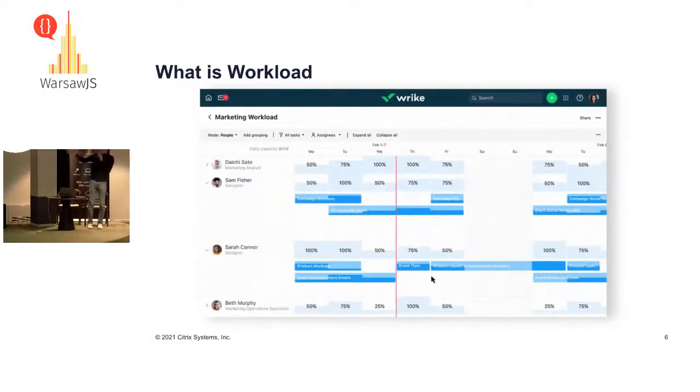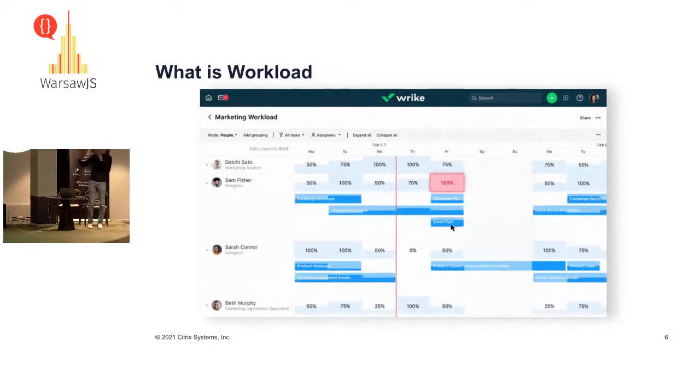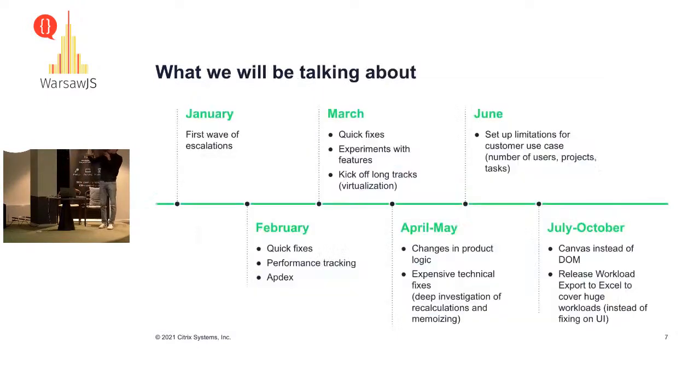Basically, it looks like that. So it's not a big deal. But if you speak about technical implementation, it is. What I will try to cover today is our journey from this year, starting from January to nowadays in October. In January, we started having a first huge wave of escalations that we never had before.